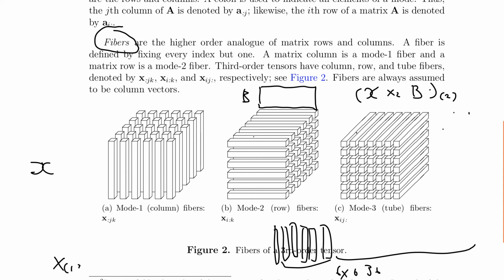It's similar to the vector case, but in the vector case, after I multiply, I just get back a scalar value, right? But now B is a matrix, so B multiplied by a fiber gives me a vector, and then I stack them together.